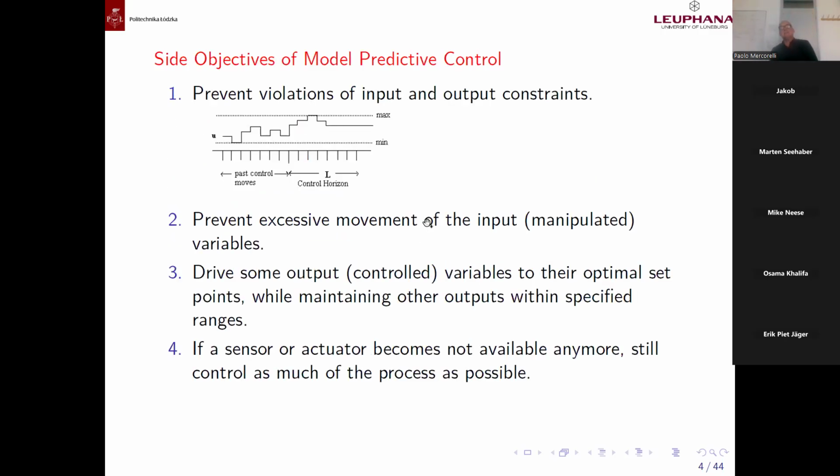Yeah, here we have a nice picture in which we can see two important concepts: past control moves and control horizon. In particular, control horizon. We will distinguish this control horizon in two horizons. We will see prediction horizon and control horizon. This means here is just partially represented, but very often they have the same length, control horizon and prediction horizon.